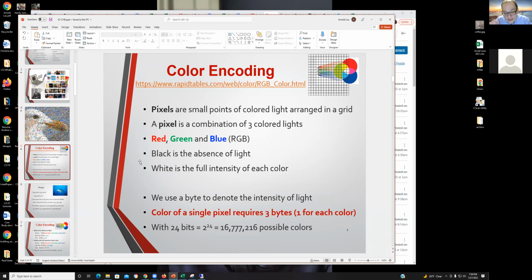And each of those dots will fuse together these red, green, and blue. Depending on how you apply the strength of the red, green, and blue, they'll blend together to make various shades or different colors.